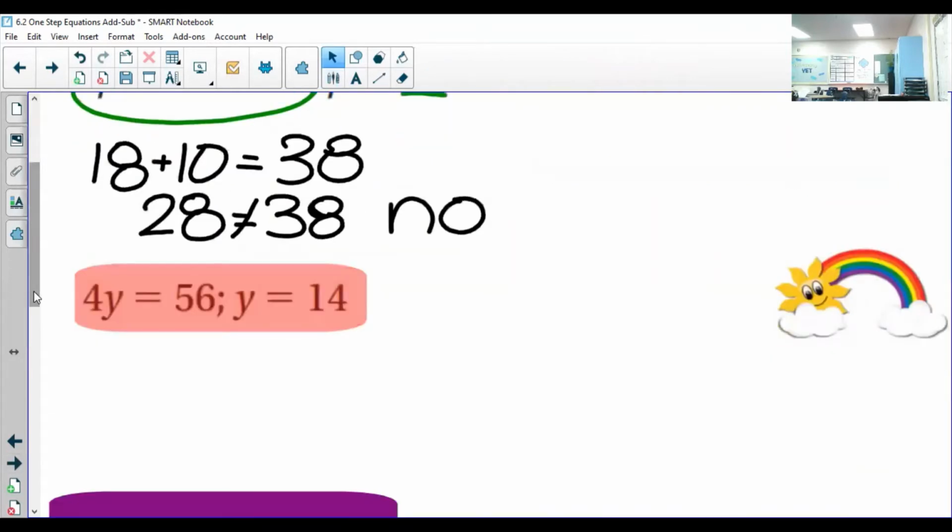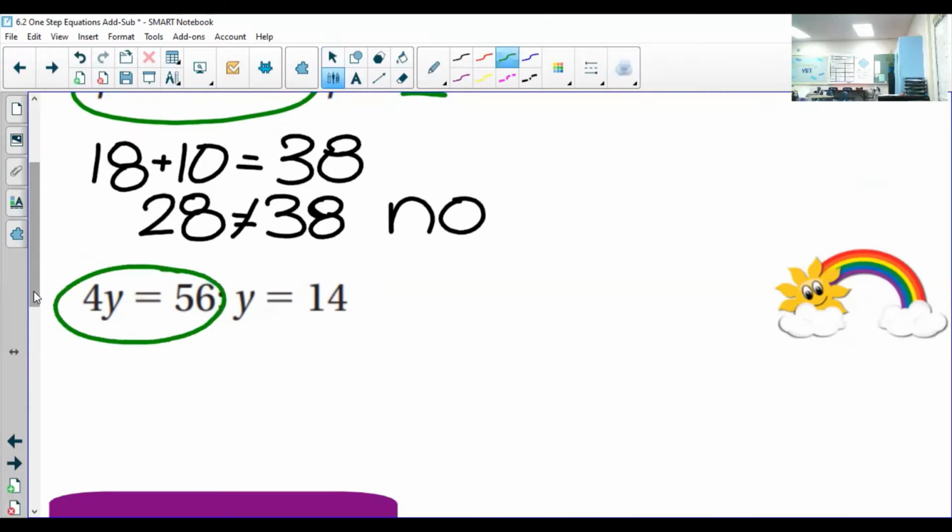Let's try another one. 4y equals 56. So here, our whole equation is 4y equals 56. And they want to know, if y equals 14, is that going to be true? In order to figure this out, we're going to want to rewrite the equation. So instead of a y, we're going to write 4 times 14 equals 56.